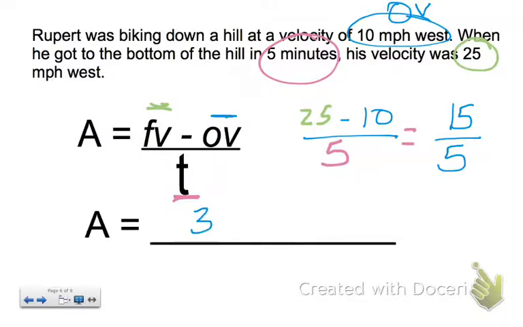Well, 3 what? Well, let's take a look at our velocity label. It is miles per hour west, and so it's 3 miles per hour, but it changed every minute. And so it's 3 miles per hour per minute, and our direction is west.